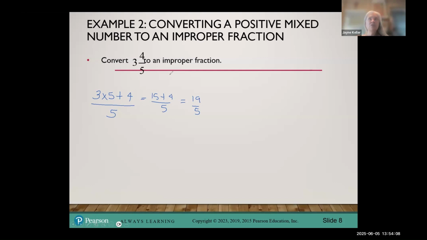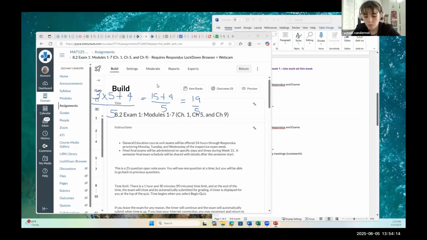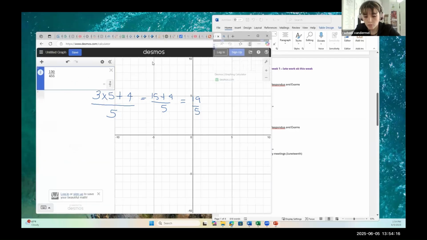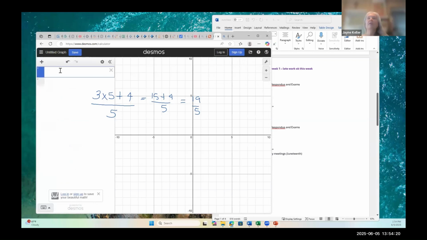And this one we can do using Desmos also. I'll show you what that looks like. So for that one, we had 3 4/5. Okay. And Desmos wants me to put in that.